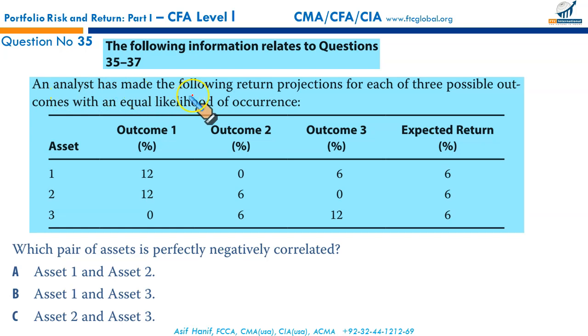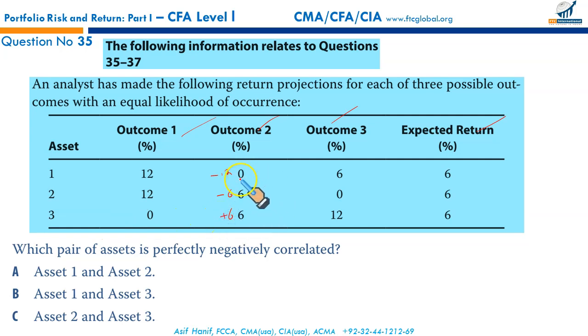The following information relates to questions 35 to 37. An analyst has made the following return projections for each of the three possible outcomes with an equal likelihood of occurrence. Asset 1, 2, 3, and these are the possible outcomes and the expected return. Which pair of assets is perfectly negatively correlated? Let's see, for asset 1, when the returns fall by 12, the return on asset 2 falls by 6%, and for asset 3 it increases by 6%.